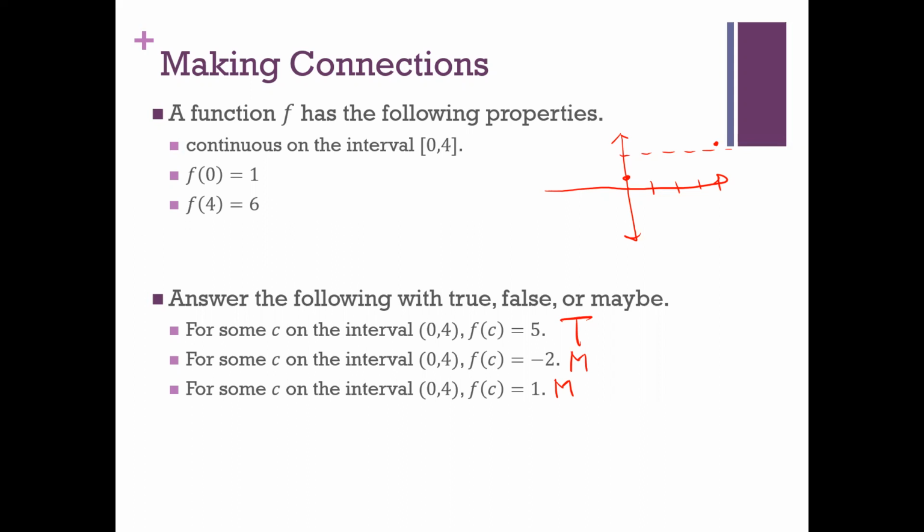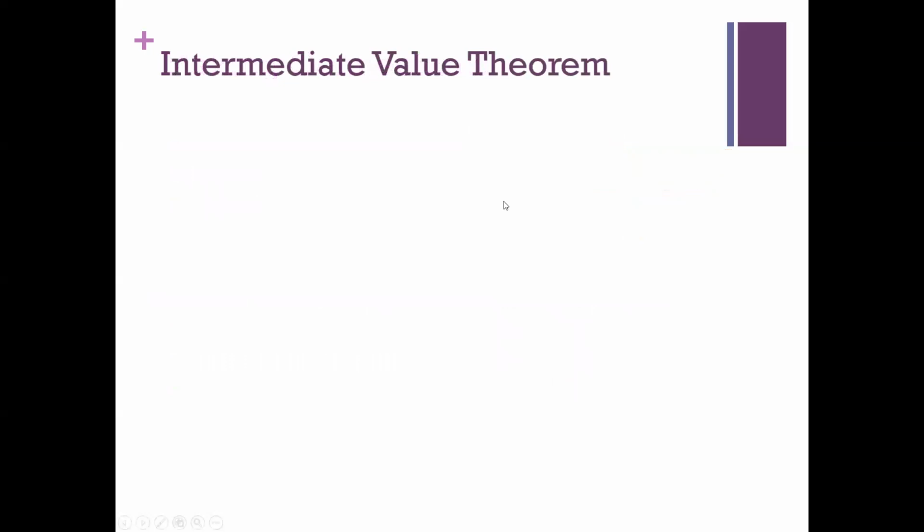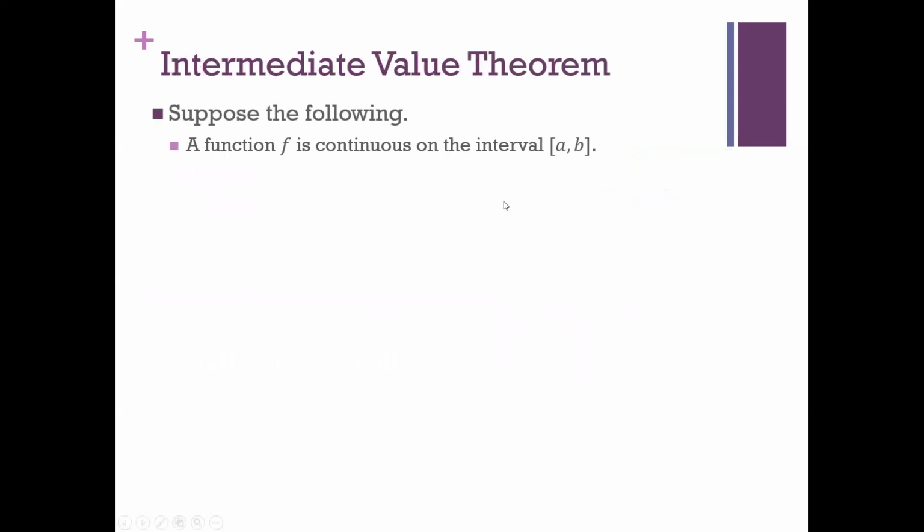Okay, and hopefully, I do this to show you that in large part, this is kind of an intuitive thing. So a very important theorem in calculus is called the intermediate value theorem. So I gave you a concrete example. Basically, here are all the generalities: as long as you meet these conditions, then I can guarantee something else happening.